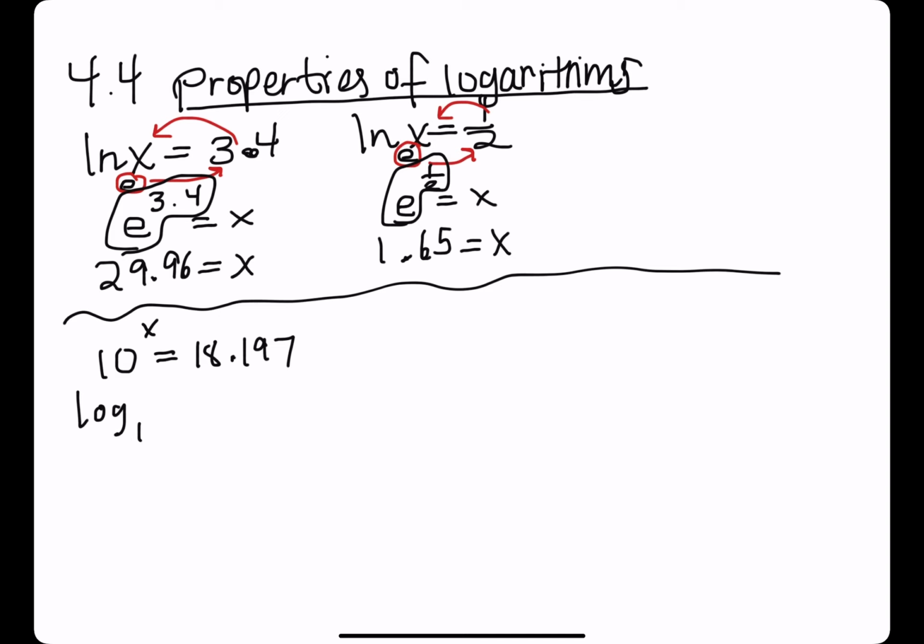Remember that the base goes down low, and we start with our base and use the loop and swirl method. So we put our base down low, then we put our 18.197 equals x. Base 10 is what goes directly into our calculator, so we stick that in our calculator, and we get 1.26.